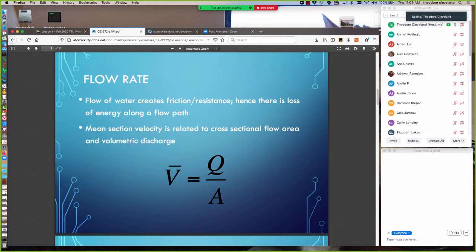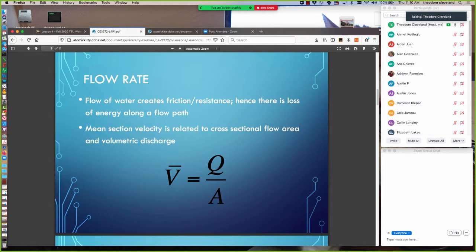Here I have it written as V with a bar over the top, or just plain velocity would be pretty much understood to mean this. So when we talk about the velocity in a pipe, we're usually referring to this mean section velocity, unless we have flow profiled the pipe and we're talking about the velocity at particular locations relative to the center line of the pipe. And that has applications in things outside water system design.